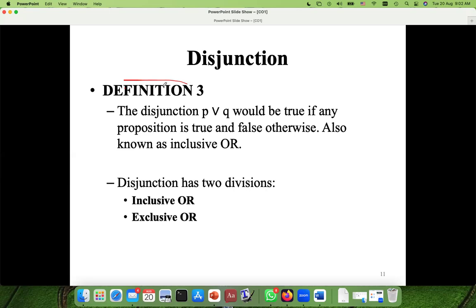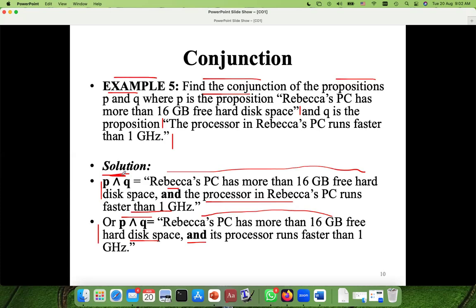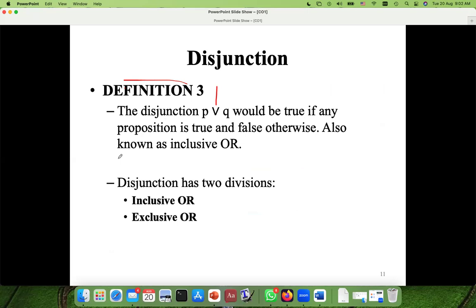So how can we represent this disjunction mathematically? This is the symbol for "or". It has the symbol like that in an upward direction. The arrow is upward, and here the arrow is downward, the opposite.